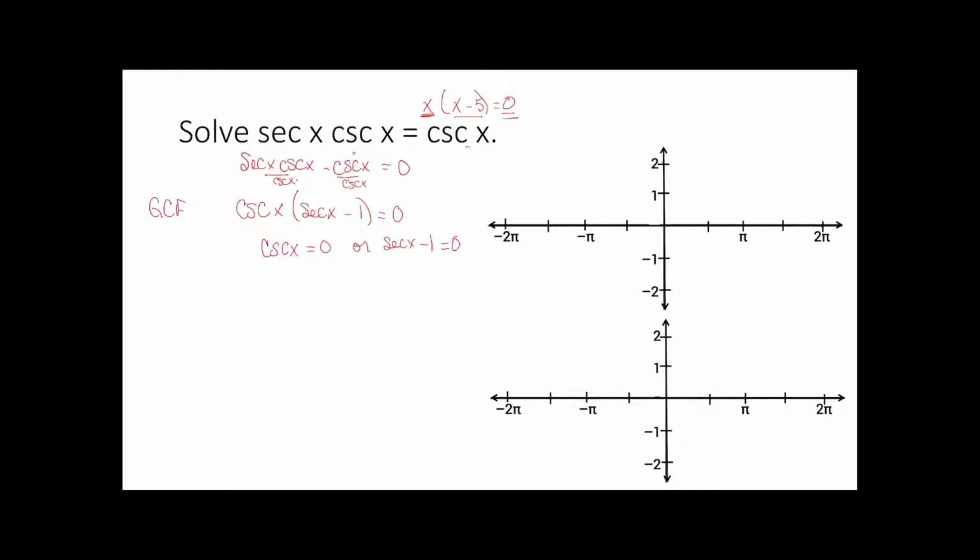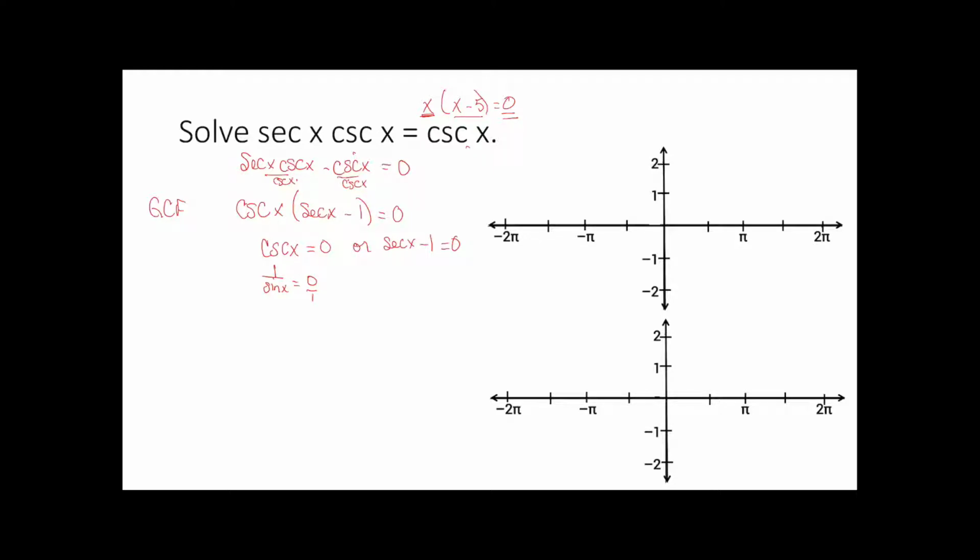So in our first scenario, we want to know where is the cosecant of x equal to 0. If you're very familiar with the cosecant's graph, you can probably picture it and see what our answer to that piece is. But we also know that the cosecant is 1 over the sine of x, and that's supposed to be equal to 0.